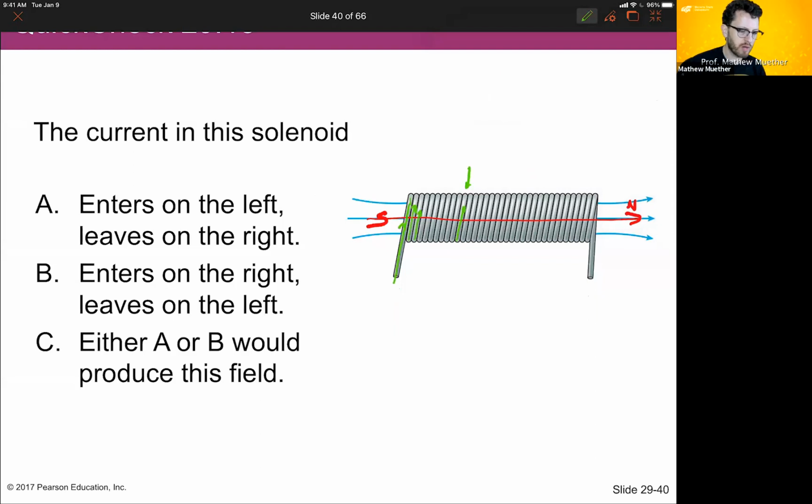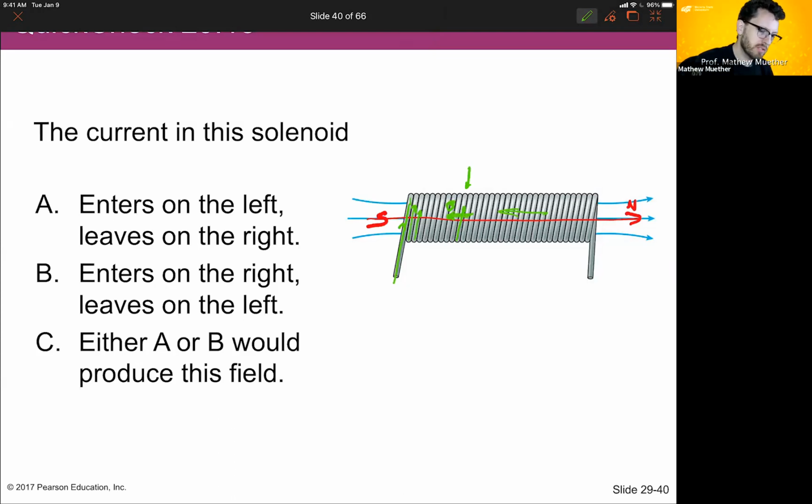If I point my finger in the direction of that current, and then I wrap my fingers around the loop, the magnetic field through that single loop is going to point in this direction. And each one of those loops is going to have a magnetic field that points in the same direction, and it'll all sum together to give me that total magnetic field, but they'll all point in this direction. That's not the direction that's indicated by the initial conditions of this thing.